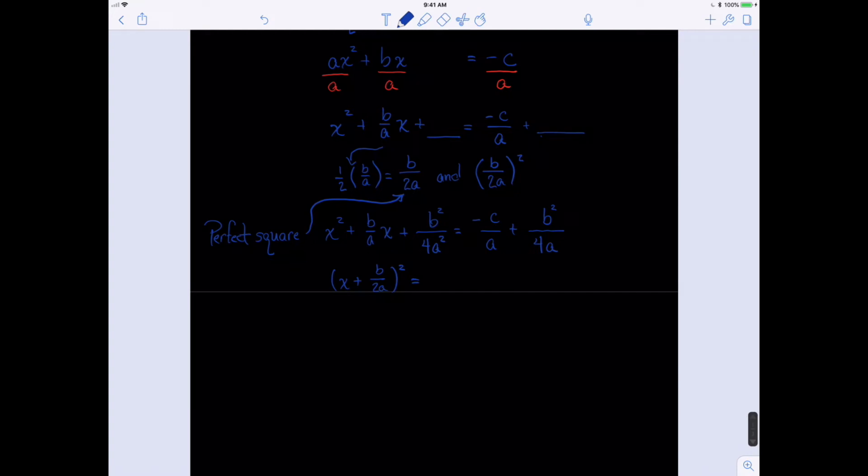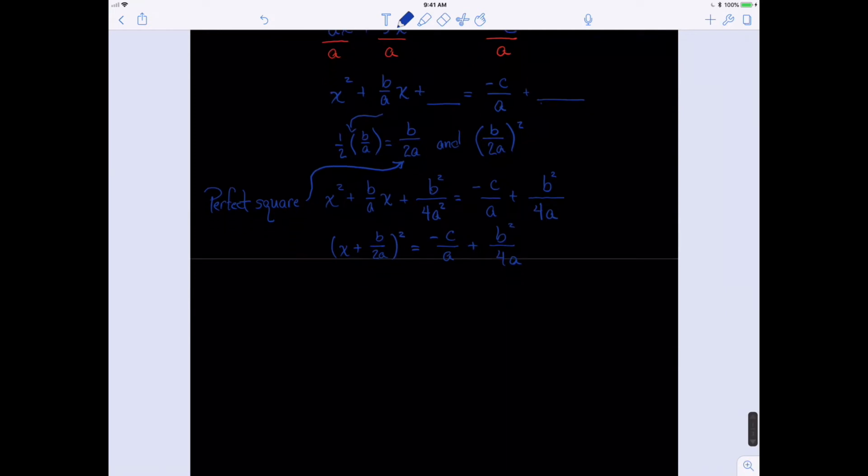and on the right-hand side, negative c over a plus b squared over 4a. What we need here is a common denominator. I'll write it as the LCD, the lowest common denominator, and it looks like it's going to be 4a. The first fraction, negative c over a, is going to need a 4.